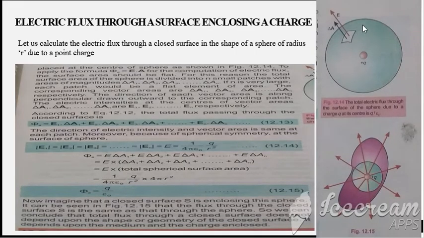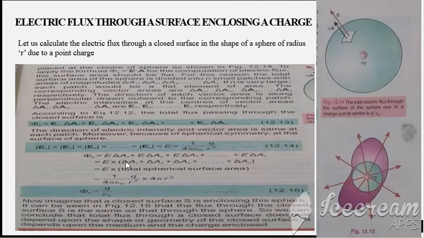At all of these patches, when we construct them, the electric field intensity will be the same. So E1 is equal to E2 is equal to E3, and it is just replaced by simple E. E is common in all of these terms, so it is taken out. This is equal to E into, within brackets, delta A1 plus delta A2 plus delta A3 and so on up to delta AN.